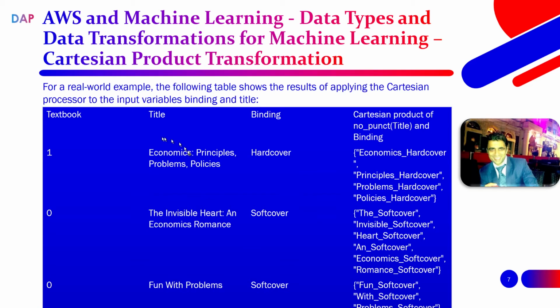So what happens? You take economics_hardcover, then you take principles_hardcover, then you take problems_hardcover, and so on. I hope this is simple. This is just to show you some simple examples to the point, not making it complicated.